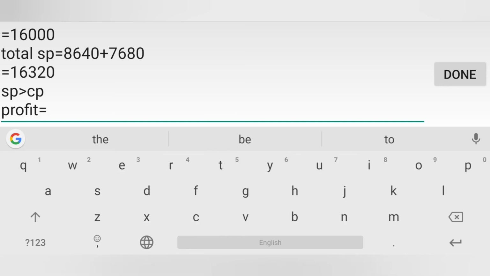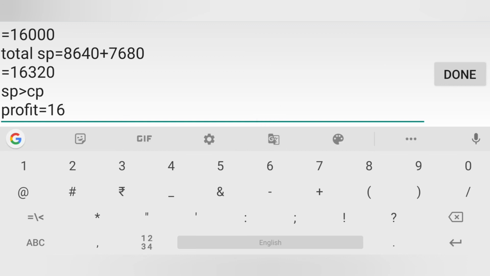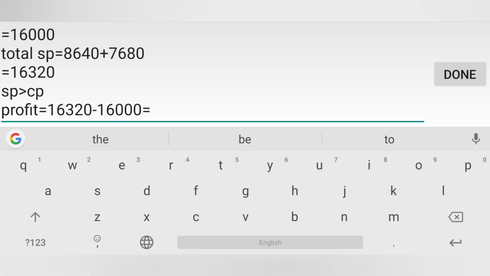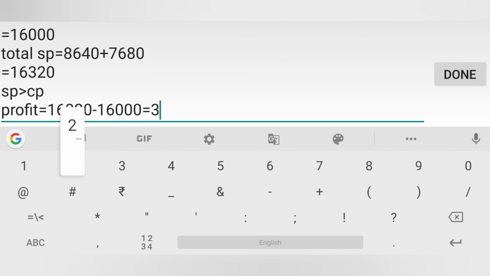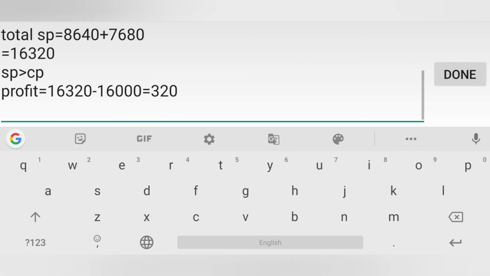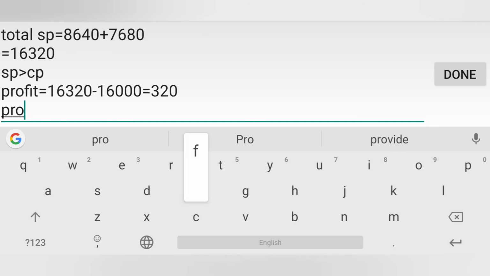So profit or gain is SP minus CP. So the SP is 16320 minus 16,000. We have to write total CP and total SP here, because we have to find the whole. So now we get the value as 320, profit as 320.